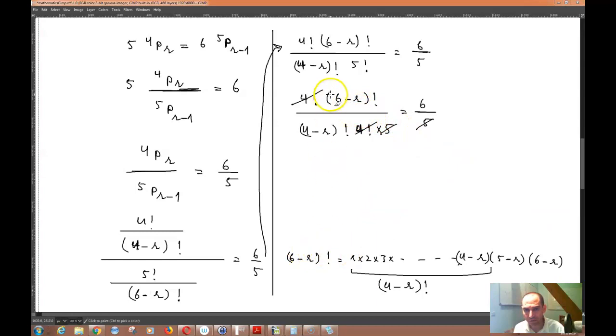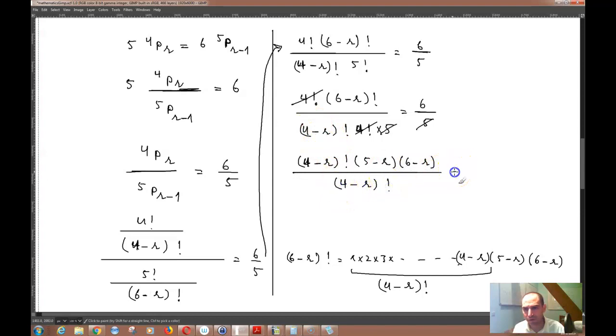6 minus r factorial, I can write it as 4 minus r factorial times 5 minus r times 6 minus r, divided by 4 minus r factorial is equal to 6.